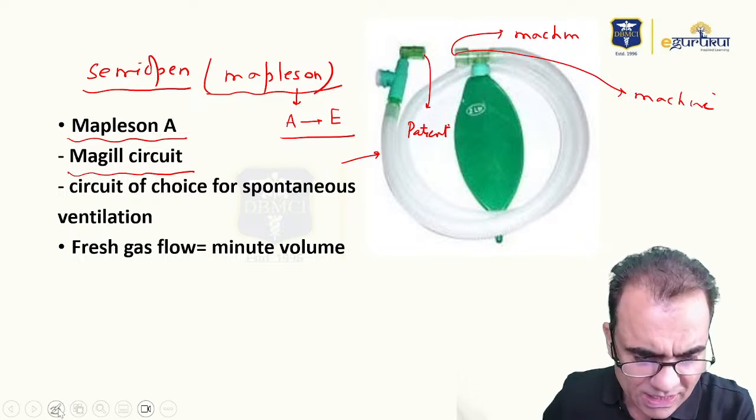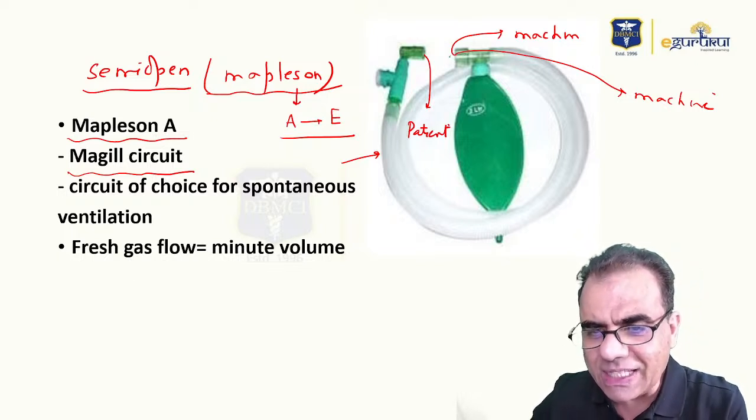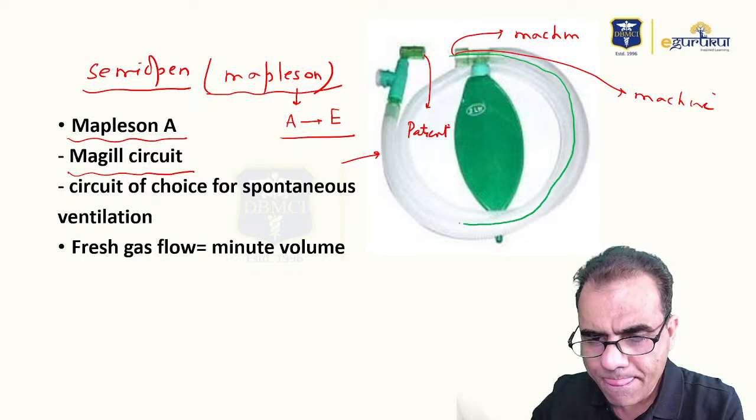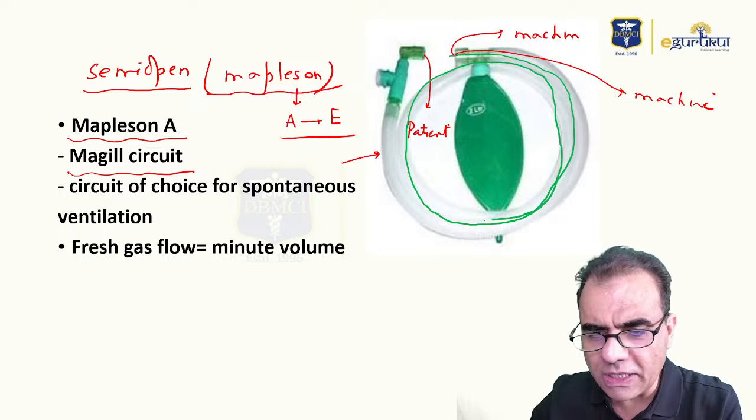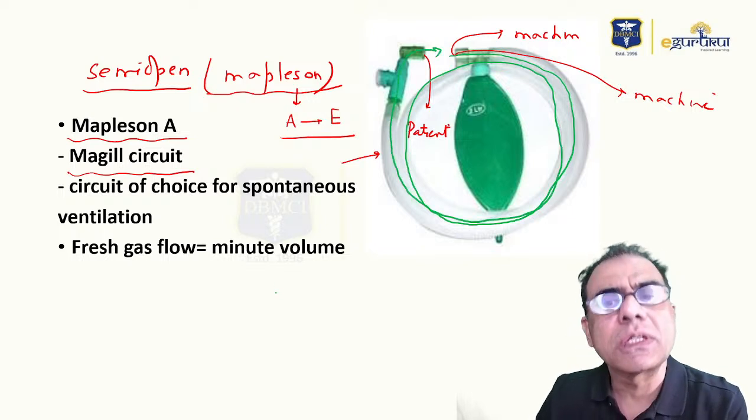The gases, which I'm showing here as a green line, from the anesthesia machine will pass through this circuit and reach the patient.